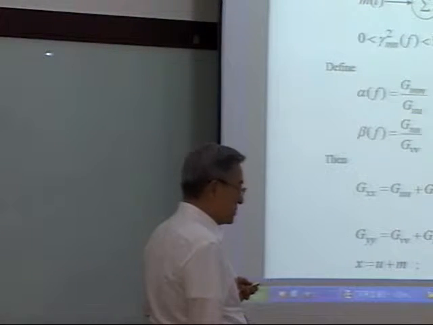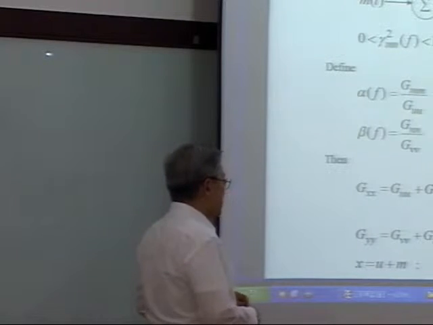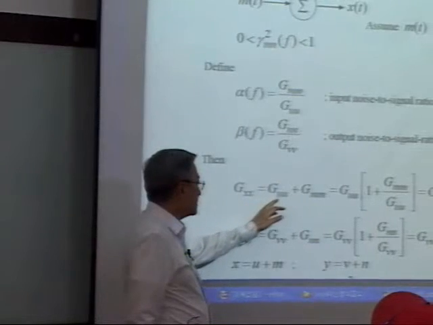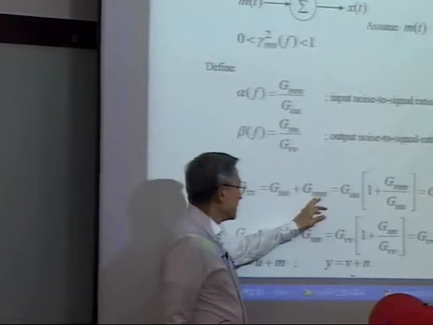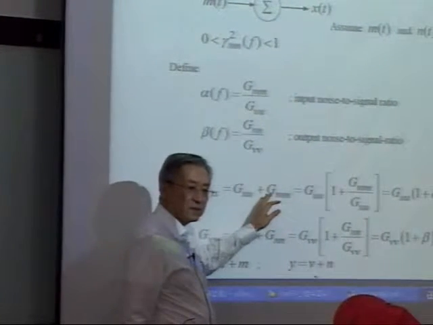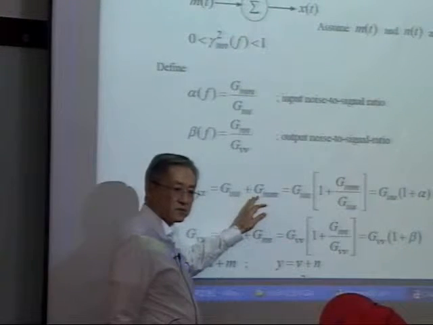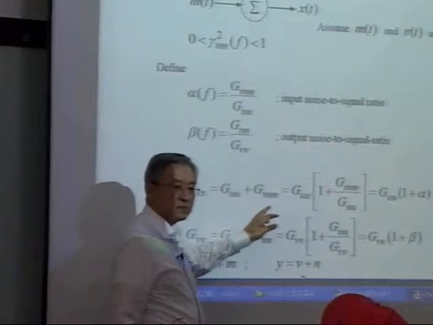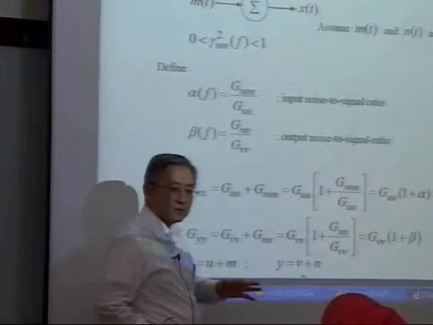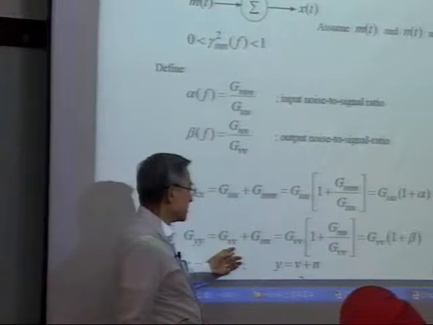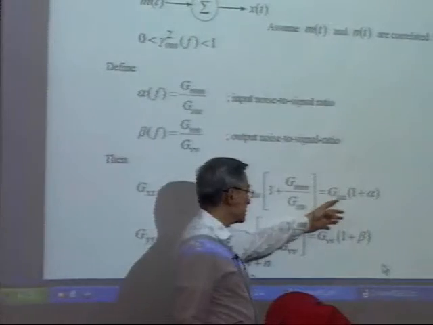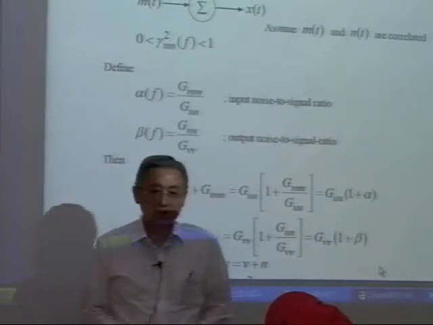I'm sorry, it's just frequency, not the natural frequency. XX, UU plus MM, clear. There is no cross term. There is no GUM because it's not correlated on the input side. Same thing on the output side. Then you can write this as GUU times 1 plus alpha, GVV times 1 plus beta.